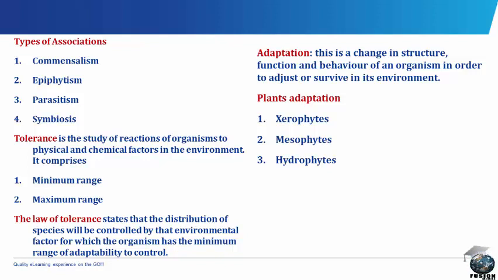The law of tolerance states that the distribution of species will be controlled by that environmental factor for which the organism has the minimum range of adaptability to control.